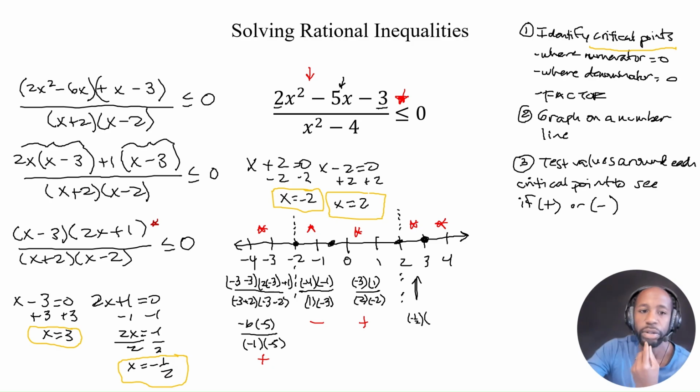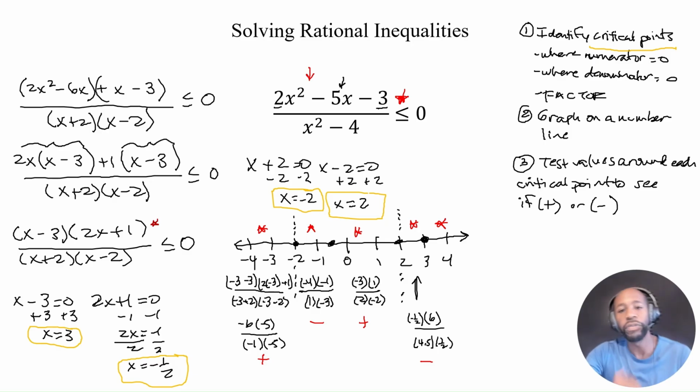Then 2 times 2.5, which is 5/2, plus 1 gives 6. 2.5 plus 2 is 4.5, and 2.5 minus 2 is 1/2. There's one negative here, so this is going to be negative as well.